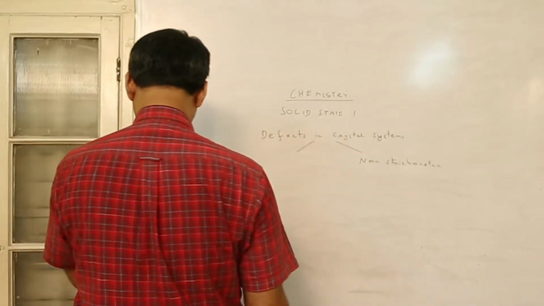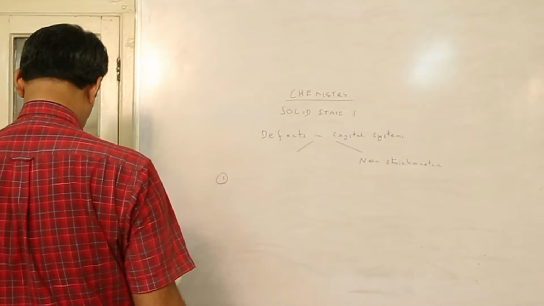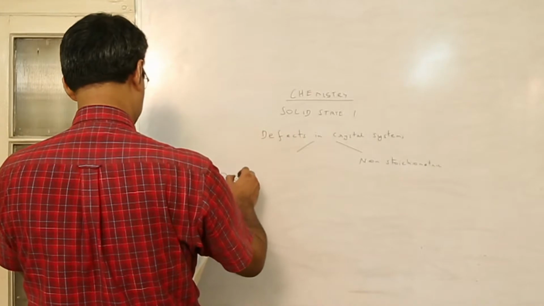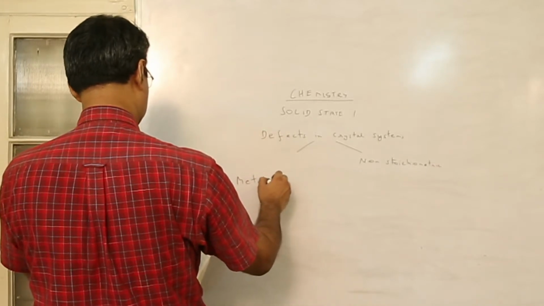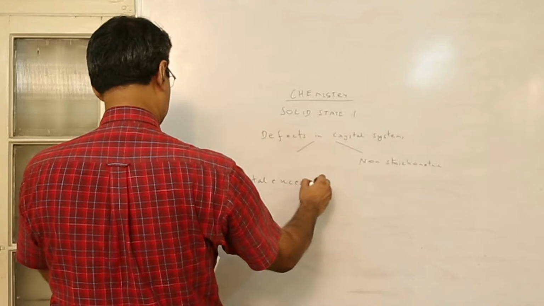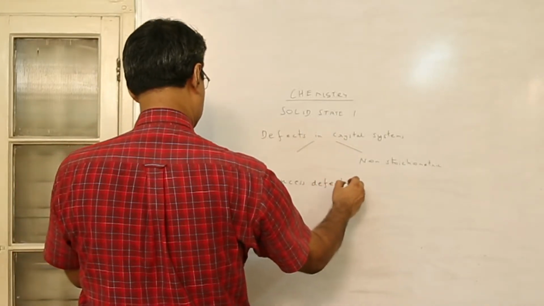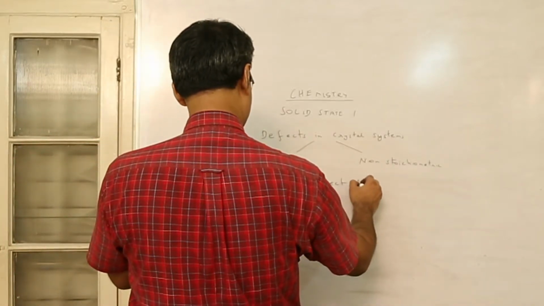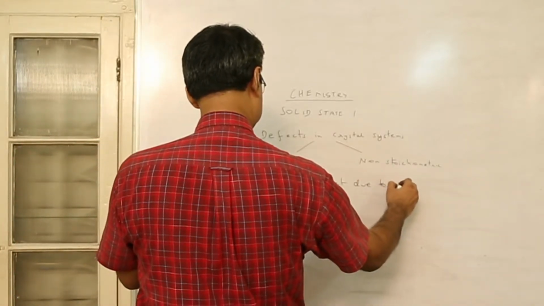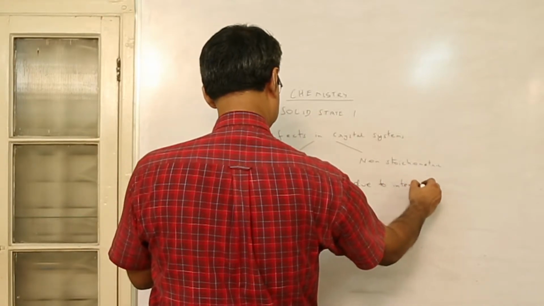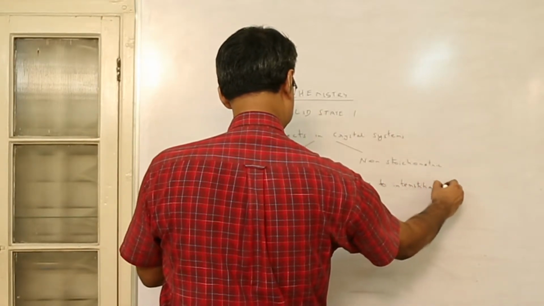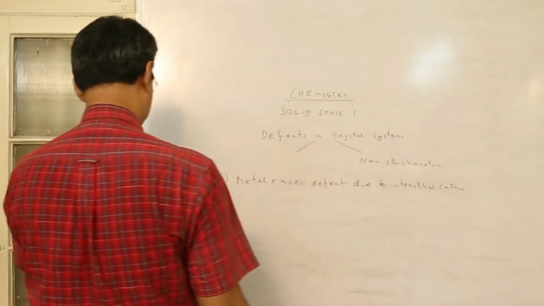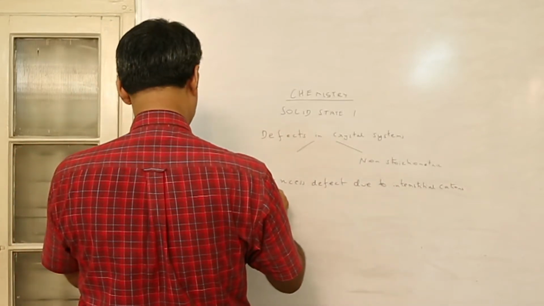The first one is called metal excess defect, due to interstitial cations.